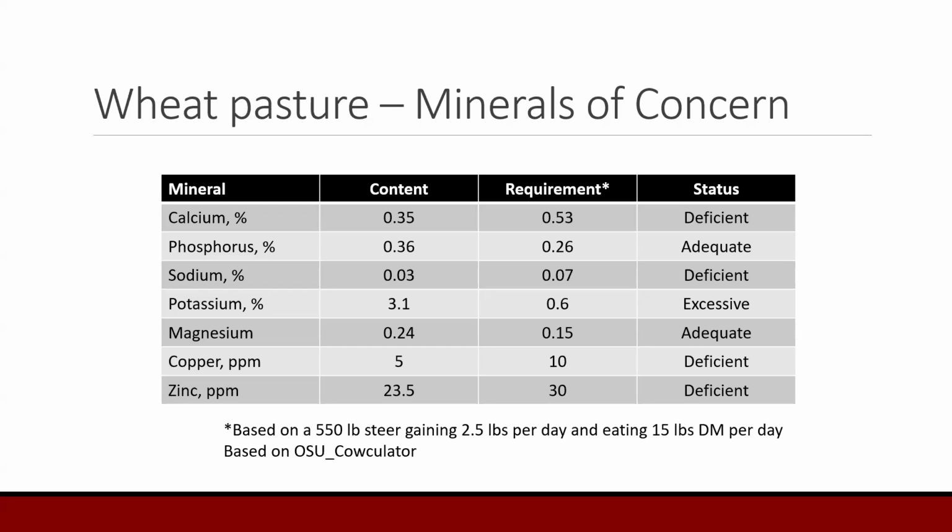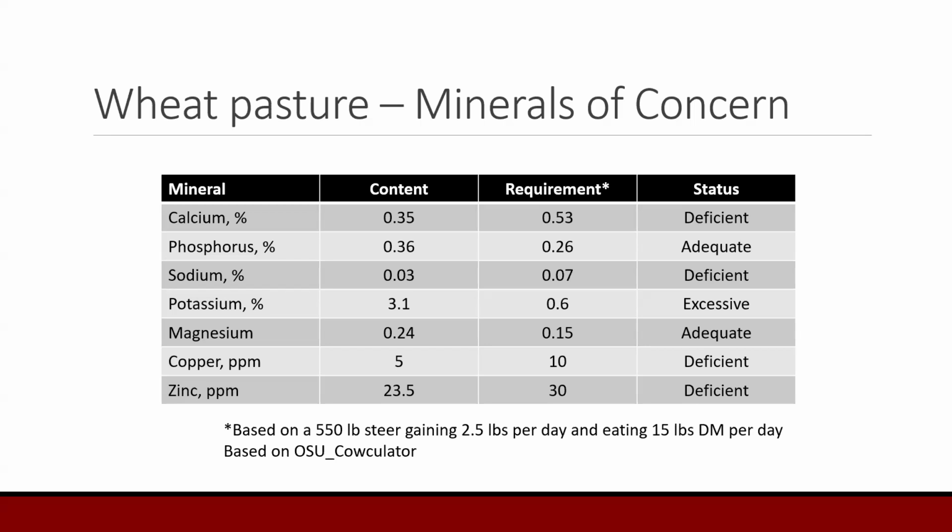Importantly, remember I said our potassium to calcium plus magnesium ratio needs to be less than 2.2. That's kind of our target to protect against grass tetany. So who wants to do that math real quick? What is 3.1 divided by 0.35 plus 0.24? 5.25?